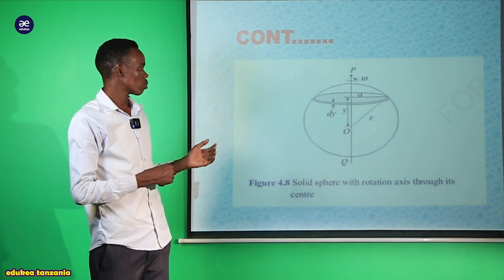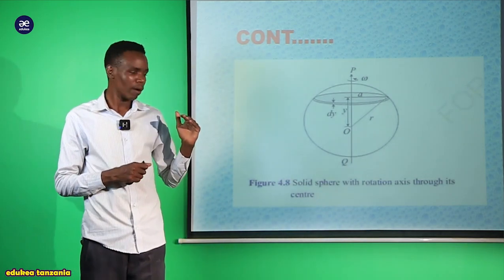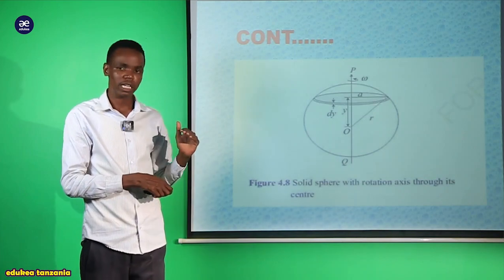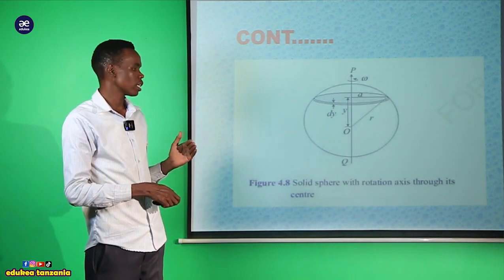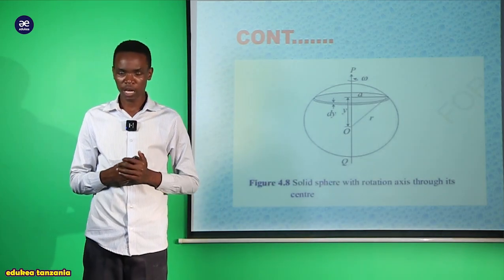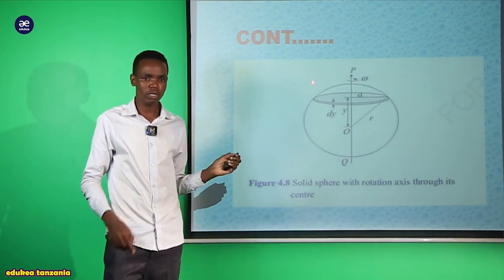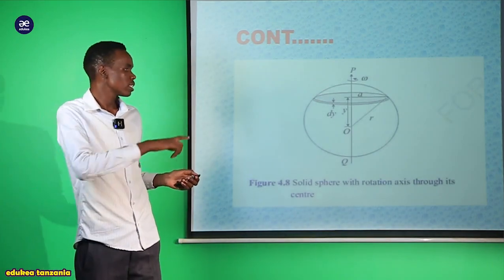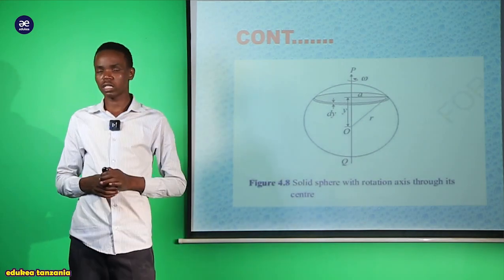So as we observe here, we have our solid sphere with a rotation axis through its center. This solid sphere is trying to rotate on an axis through its center.